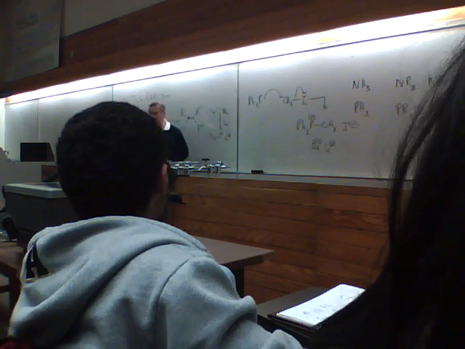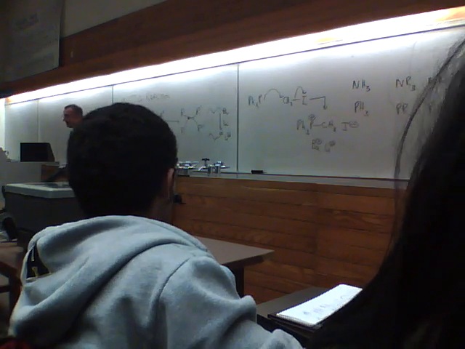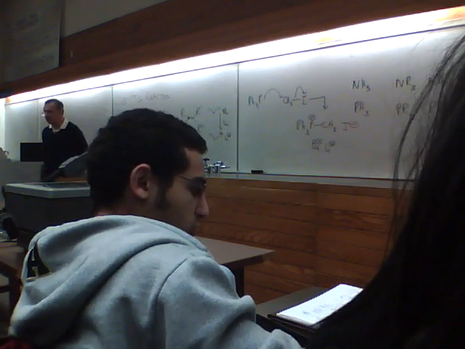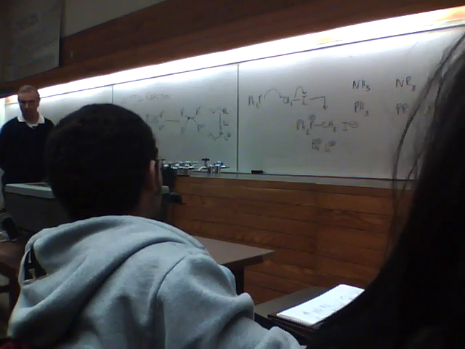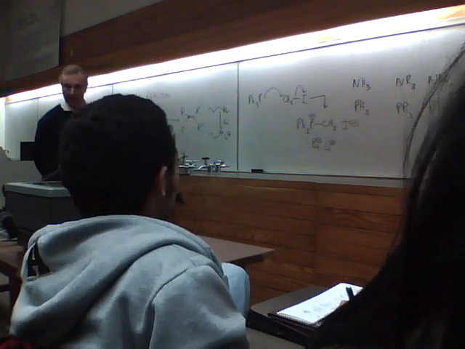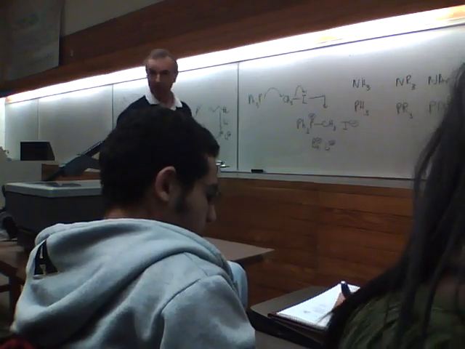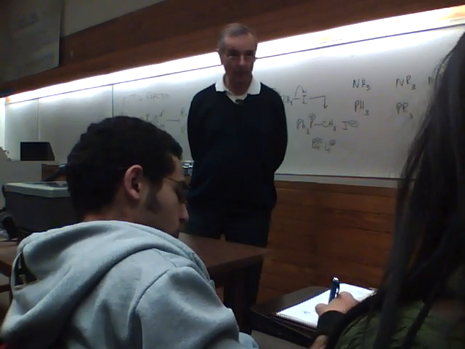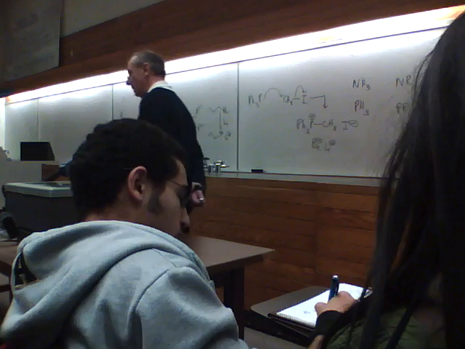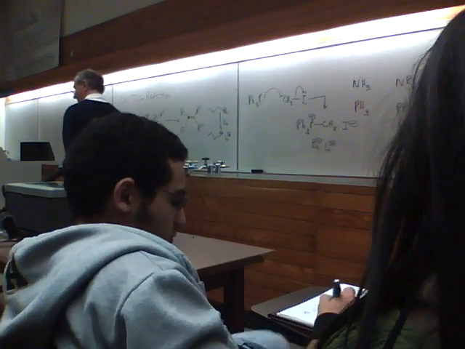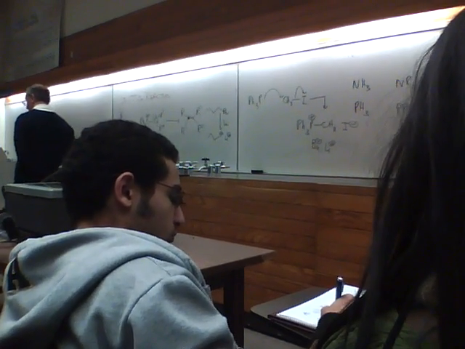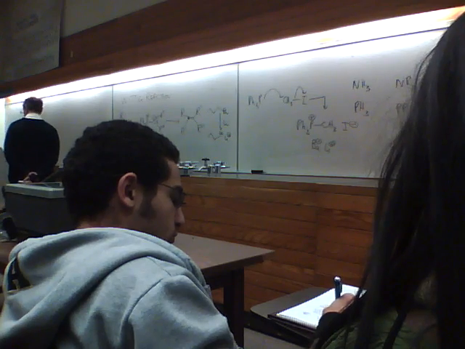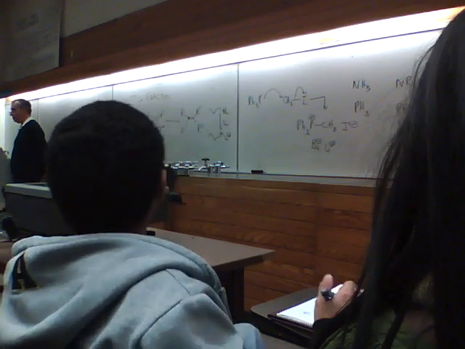It's exactly analogous to making a Grignard reagent. If you took butyl bromide and magnesium in ether, you would get butyl magnesium bromide. Well, if you take butyl bromide in THF or in ether and treat it with lithium metal, you will get butyl lithium.